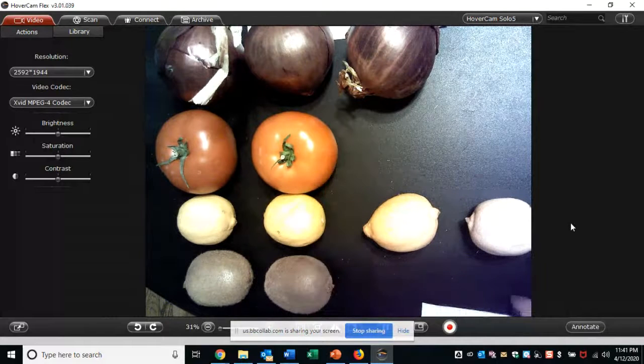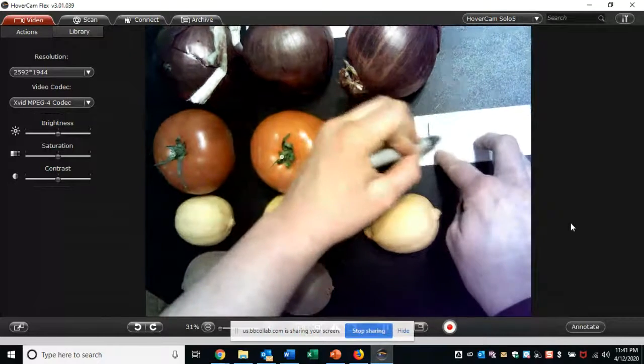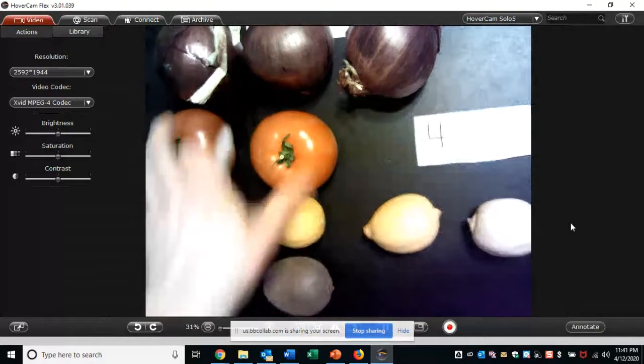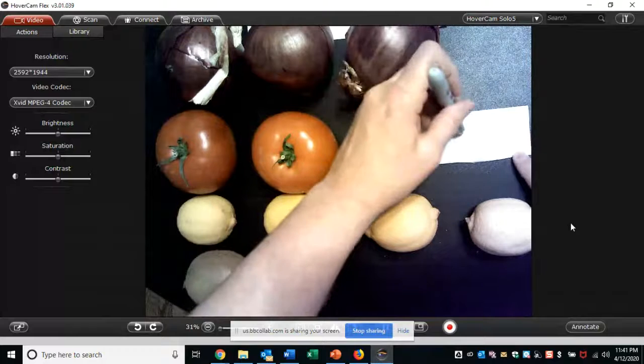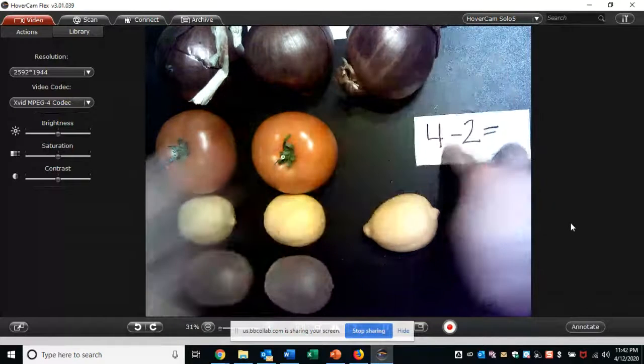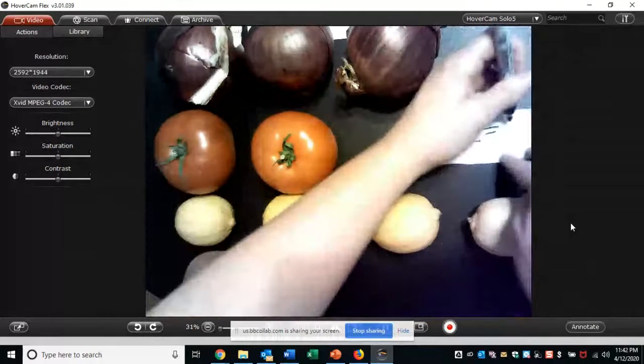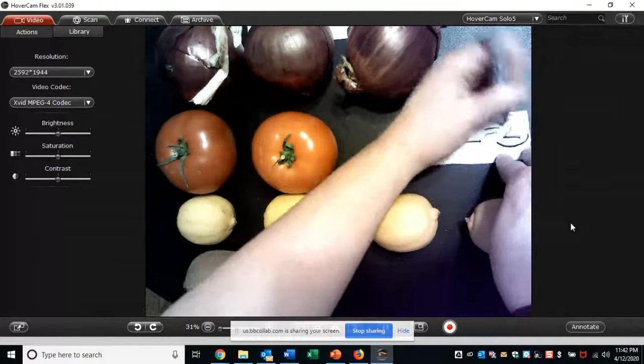And I can also do this like a math problem. I could say that there's 4 lemons, so 4. And if I take away the tomatoes, minus 2, that's going to tell me how many more there are. So 4 minus 2 equals 2. That gave us the same answer.